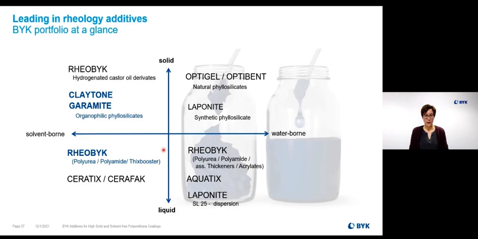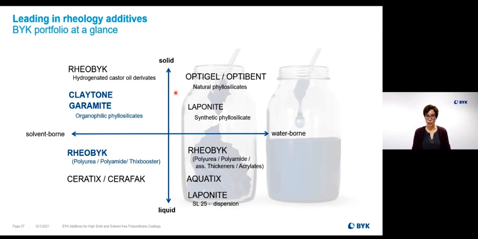When we have a closer look at the BYK portfolio, we have products for all kinds of systems. We have products for waterborne as well as for solvent-borne. We have solid products in powder form, but of course we also have liquid ones.